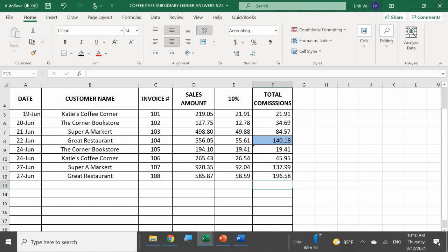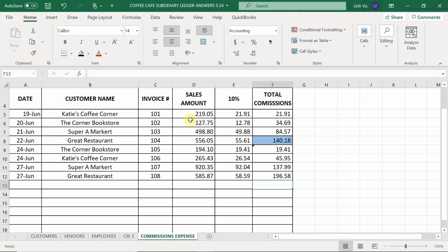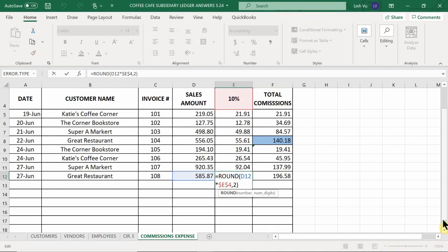Can you show me your formula for the 10%, please? Okay, here you go. So 5 times, and remember, this is called absolute cell referencing, where I'm constantly taking this 10% up here.